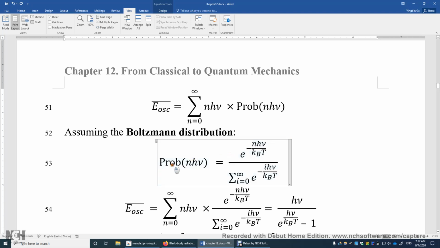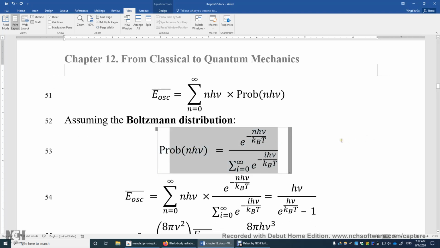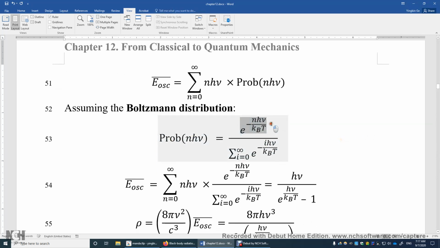So anyway, we're going to use this equation without proving this first. Over here on top, that's the probability. You can see this n h nu is the energy of a photon or a bunch of photons. kBT are just the Boltzmann constant and temperature. And this is a single exponential function corresponding to this specific energy, n times h nu.